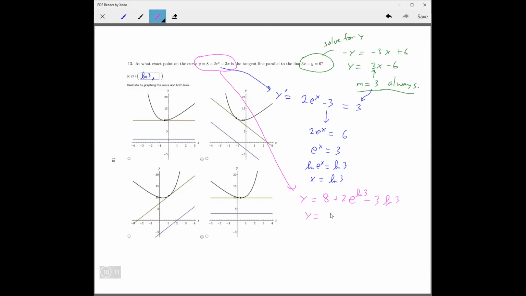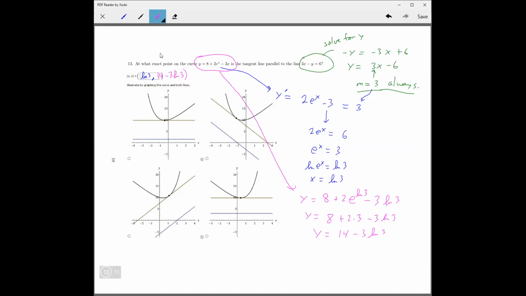All of this is 3, and so this is 6, so that's 14 minus 3 log 3. And of course, that goes right here. So there's log 3 comma this. This is the x coordinate, this is the y coordinate.